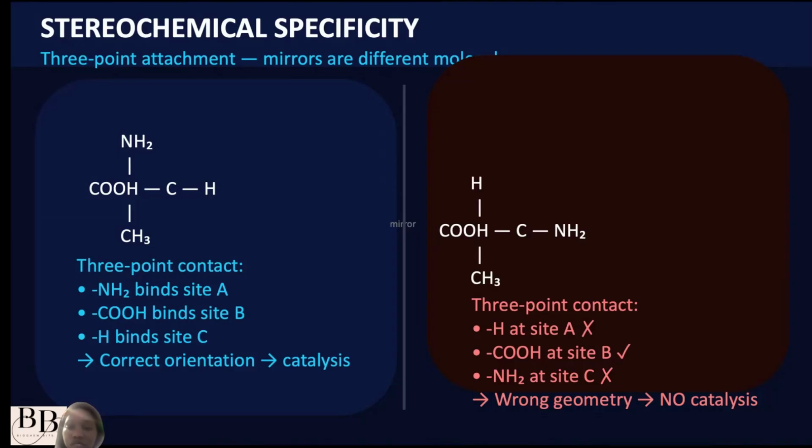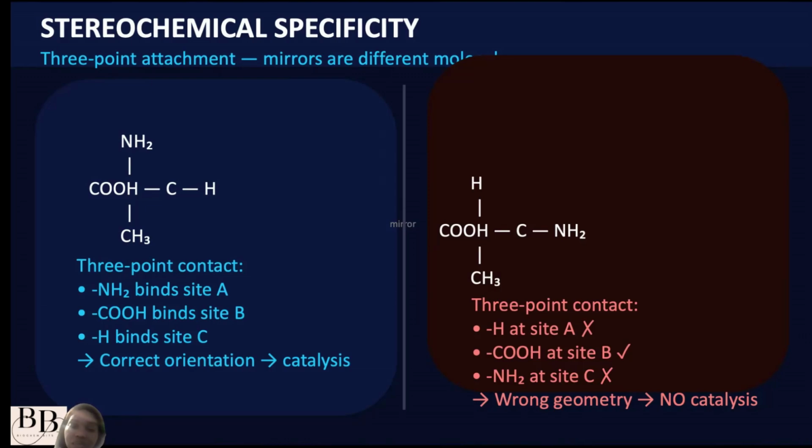When there is no fit, even when the shift comes, the reaction will not be able to progress. This is what allows an enzyme that is specific for an L substrate, the levo substrate, not to interfere in the catalysis of D substrates.